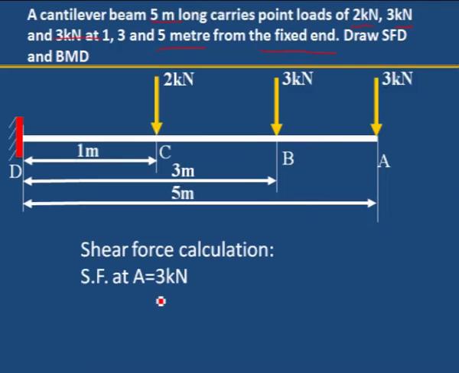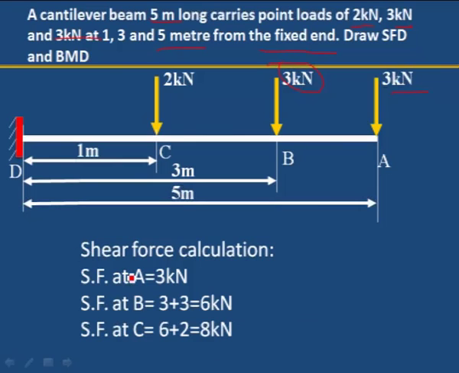To calculate the shear force at A, this is the point where the vertical load of 3 kilonewton is acting. Shear force at A is equal to 3 kilonewton. It is positive because it is a downward force. Then shear force at B, this 3 kilonewton plus another additional 3 kilonewton at B, 3 plus 3, 6 kilonewton.